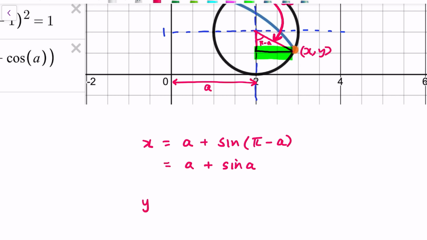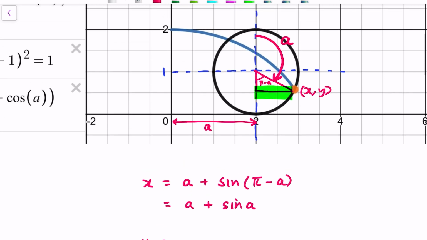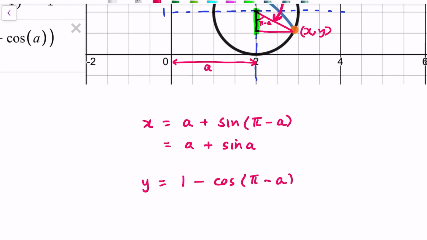Similarly, for the y value of that point in orange, the center of the circle is y equals 1, and that's always going to be the case. It's not moving up or down, it's just rolling along the x-axis. Plus, actually no, not plus, minus this dude. So we take 1 and we minus off the cosine of pi minus a, and the cosine of pi minus a is the negative of cosine of a.